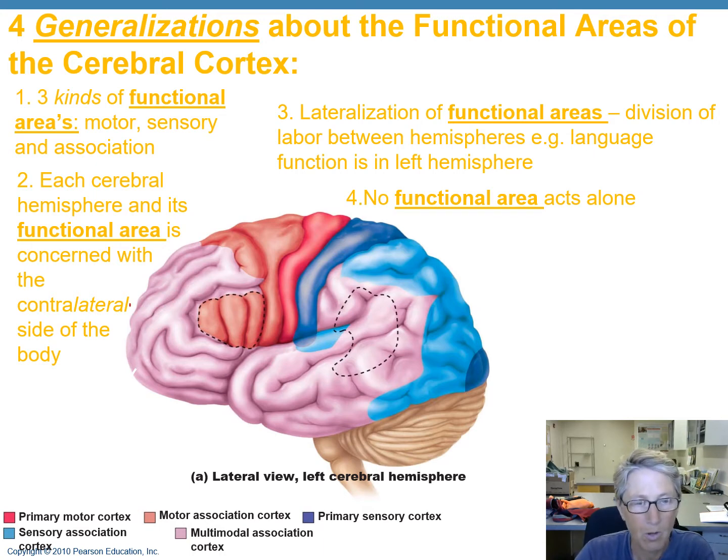And then there's lateralization of functional areas. That means there's division of labor between the hemispheres, so your language is usually in the left hemisphere. And the fourth generalization is that no functional areas act alone, so they're all integrated.